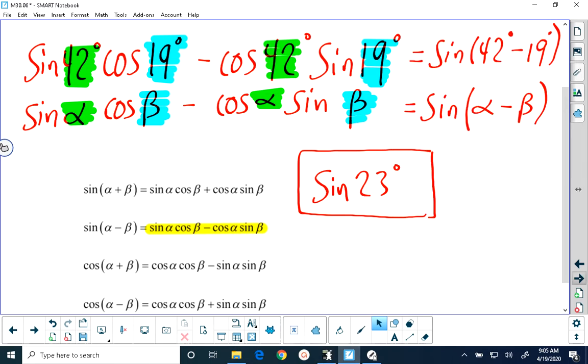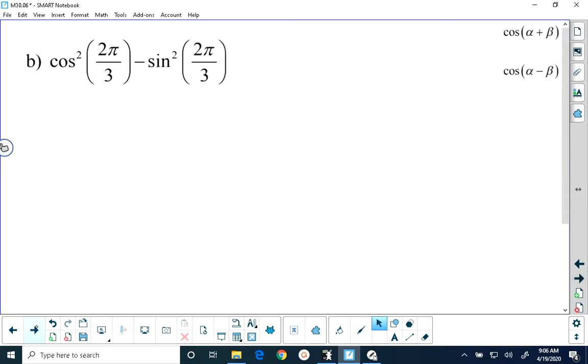All right, let's take a look at question 1b. This one is a little bit different because we don't see in this list of identities that I've given you today cosine squared minus cosine squared.